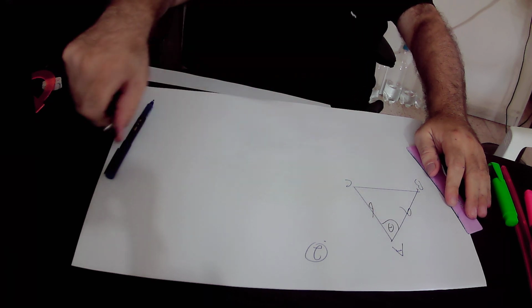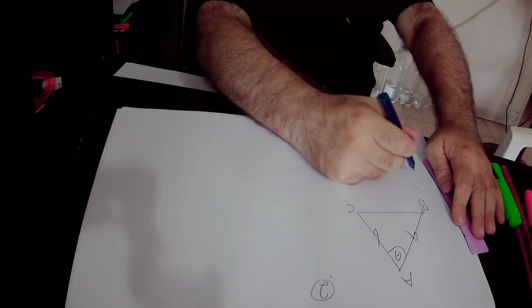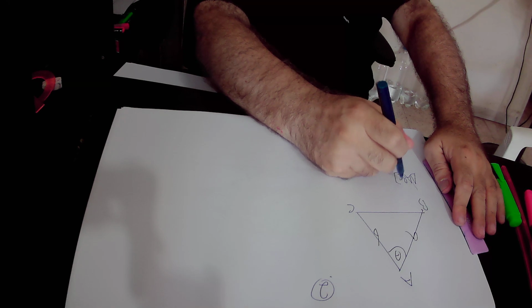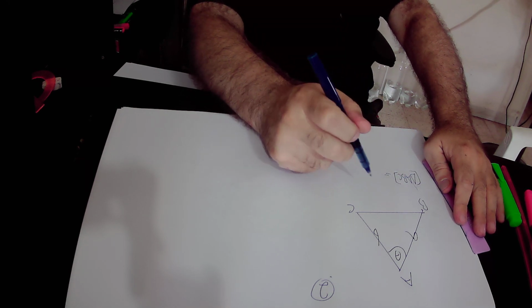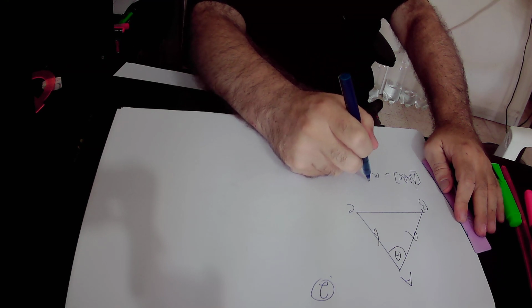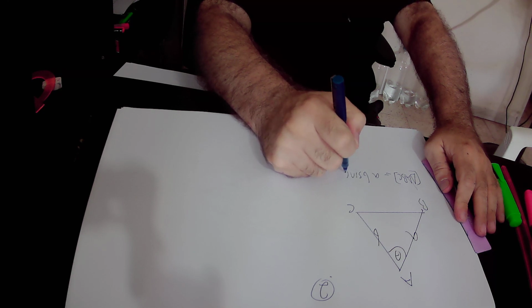Then according to the new formula, the area of this triangle, triangle ABC, will be equal to a times b times sine theta over 2.